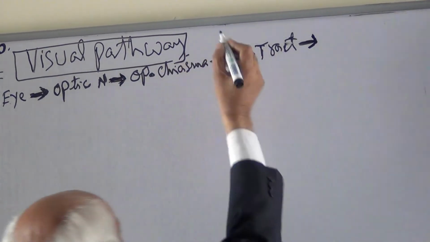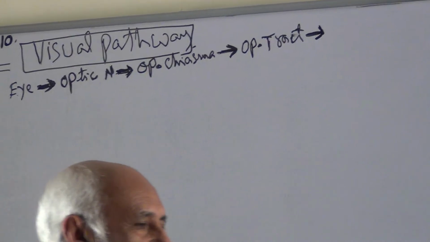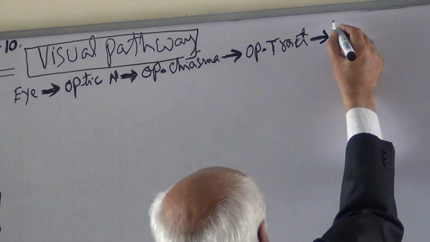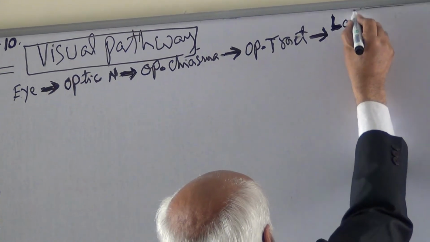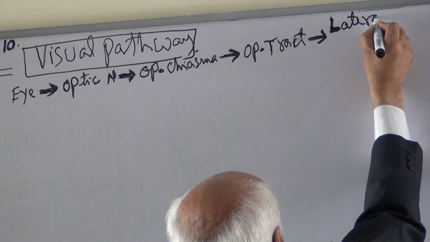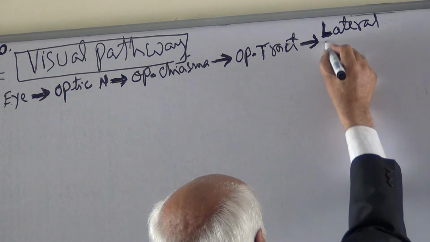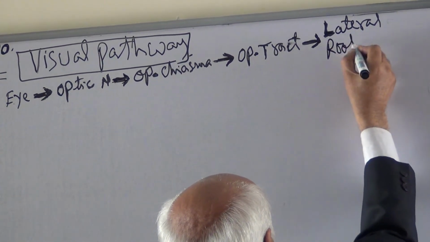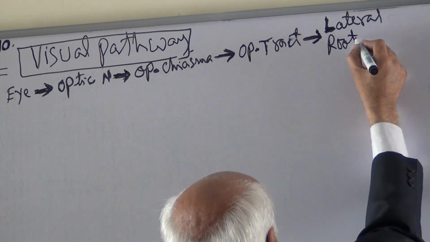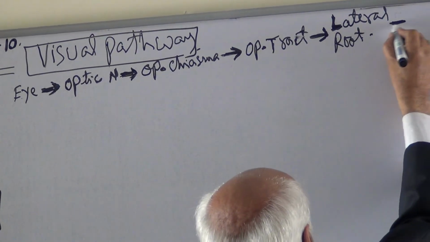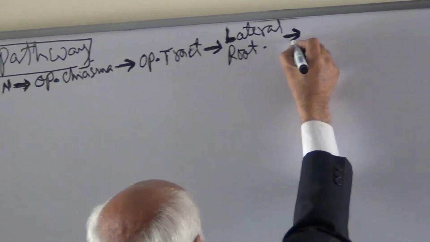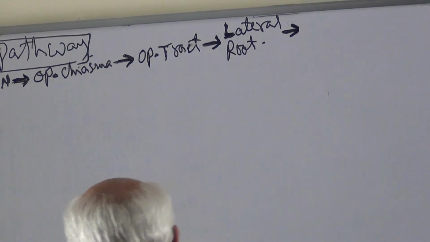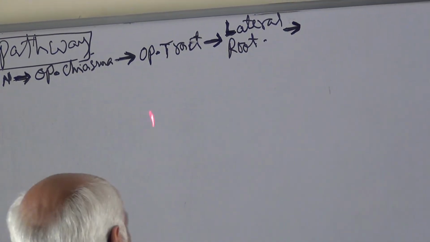So in the visual pathway, the impulses from the optic tract follow the lateral route of the optic tract, not the medial route. And the lateral route of the optic tract then relays in the thalamic nucleus, that is the lateral geniculate body.